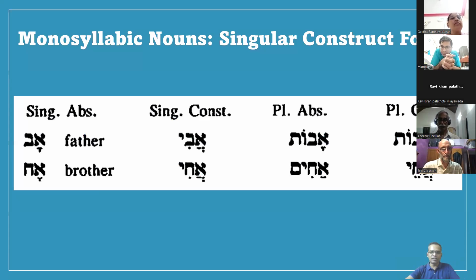No. This is actually the construct form of avi. It has to be av with pata, it has to be ah with pata, but it is carrying pata as well as hirek. So that's why we say it is an irregular noun.